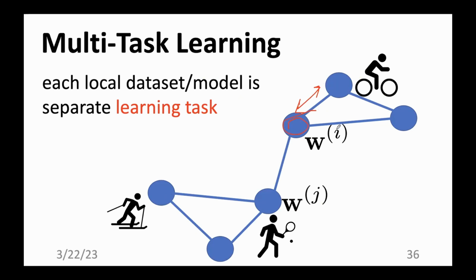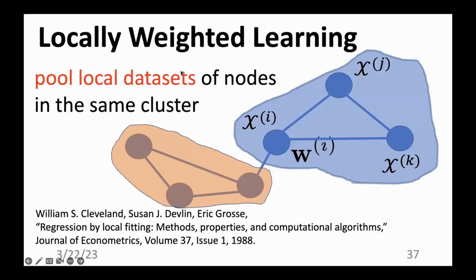We do not solve the local learning tasks independently, but couple them by using this total variation as a penalty term, or regularization term. So GTV minimization methods are a special case of multitask learning.